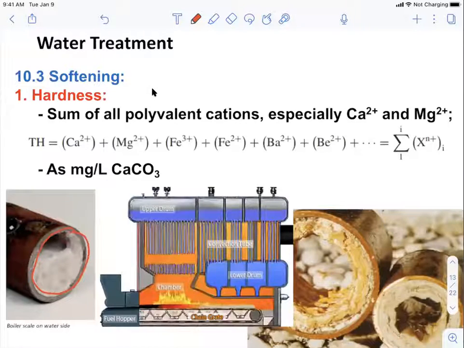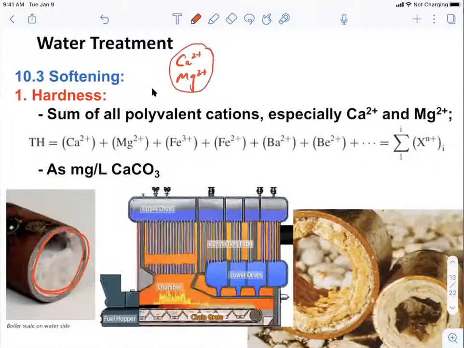That's because you're getting a lot of these white scales in the water pipes, mainly because we're living in Rolla, using the underground water, right? We're using the well water, which contains a lot of calcium and magnesium ions, okay? Actually, hardness is not only from these ions.